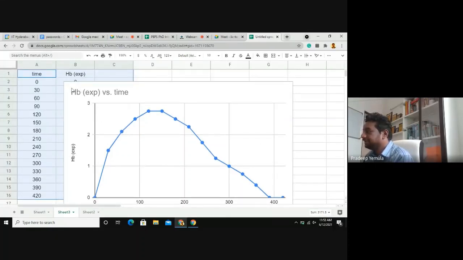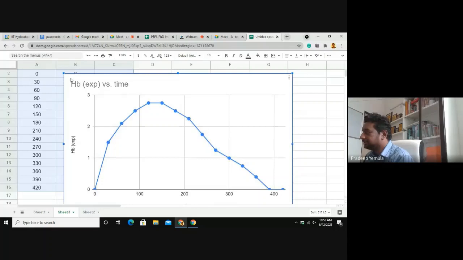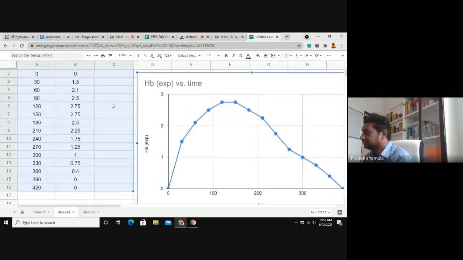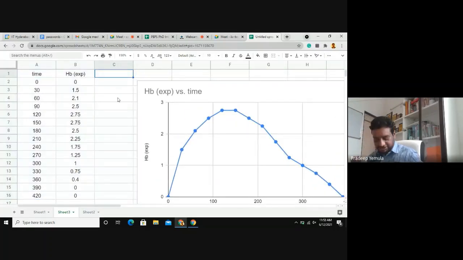So the next will be to calculate HB. So we have to calculate and write it. So how do we write the calculated value? Okay, so for explaining the calculated value, let me go back to my notes once again.